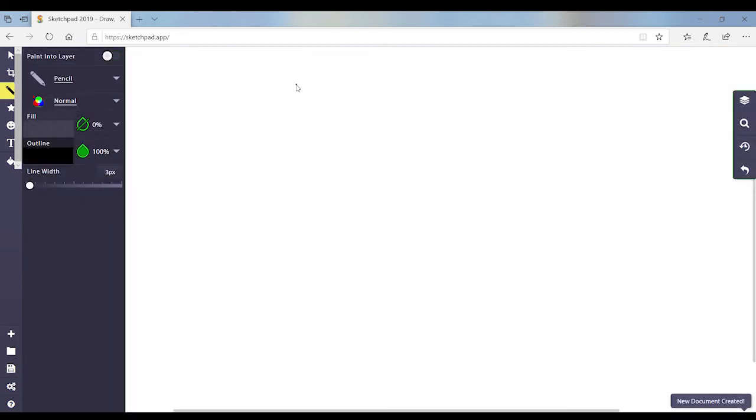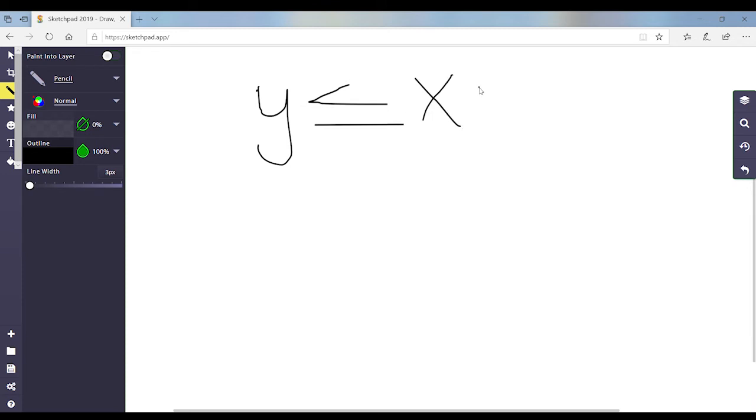So let's try something else, just for practice. Let's say y has to be less than or equal to x minus 2 squared. Okay, let's draw this out.